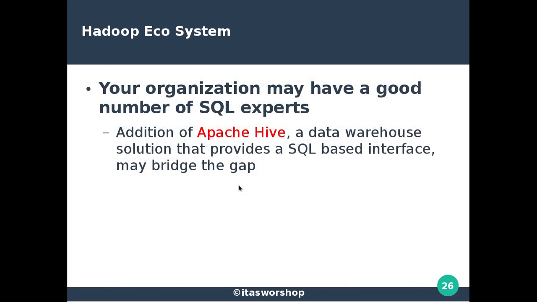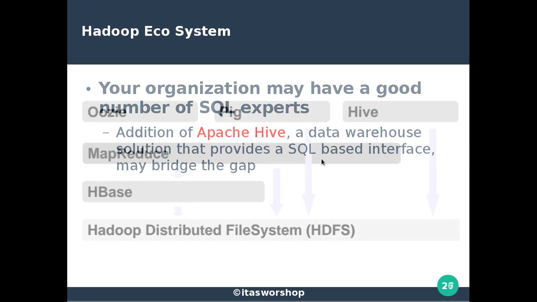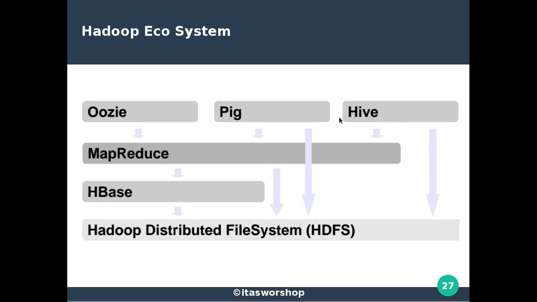Now you may have a lot of good SQL experts in your organization, so you can consider using Apache Hive. It provides a good data warehouse solution in which you can write SQL-like queries. So if you want to write SQL-like queries, you just write Hive queries and it will bring the result from HDFS back to the user.